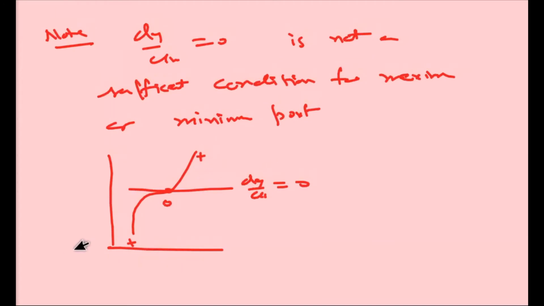So you can see here dy by dx is 0, then we can say here is a point of inflection.